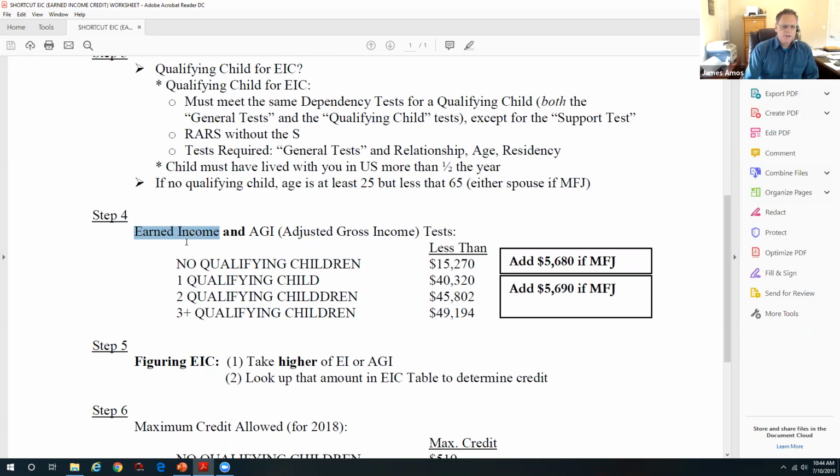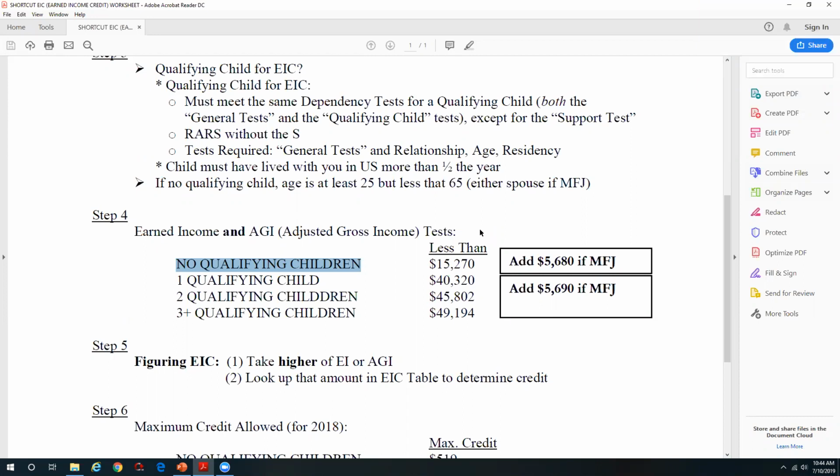For example, if I have earned income and no qualifying children, what's the maximum I can earn before I'm disqualified because of the amount of my income? What's the maximum I can earn? 15,270. Okay, and to be technical, it's actually 15,269 because it has to be less than that amount. But that's a technicality.